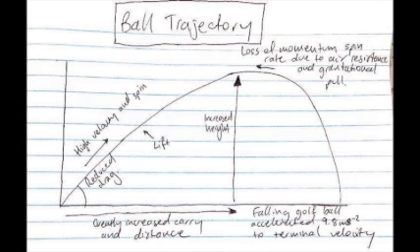So hypothetically, if a golf ball was to have a surface area of 14 centimeters square, a mass of 46 grams, and a radius of 2.1 centimeters, we can calculate that the terminal velocity of that ball would be 32 meters a second, or 115 kilometers an hour.